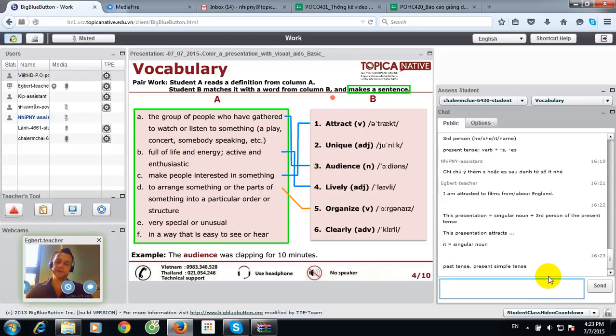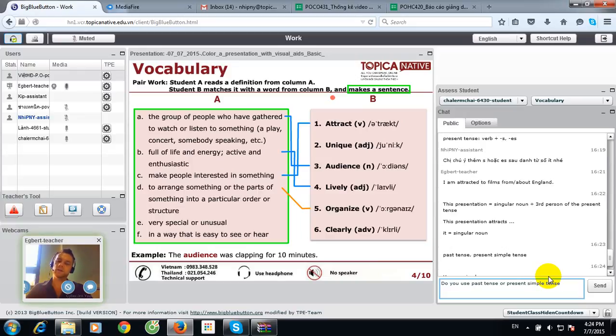So you said he organized, but is that with the present tense or the past tense? Past tense. Yeah. So then remember that we have a D ending sound, organized. He organized, and then the rest. Remember that's a pronunciation point. Okay. Organized. Good. That's good.